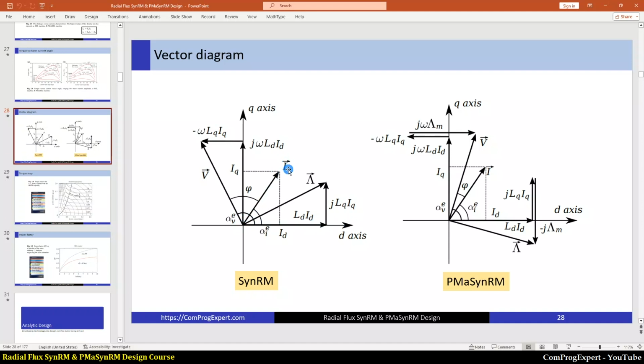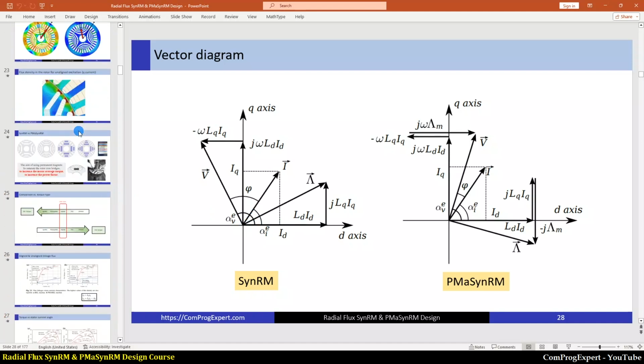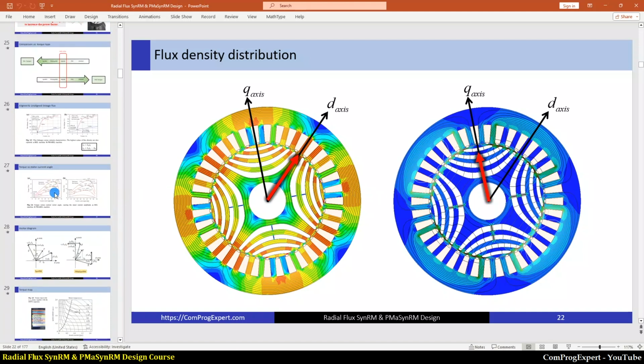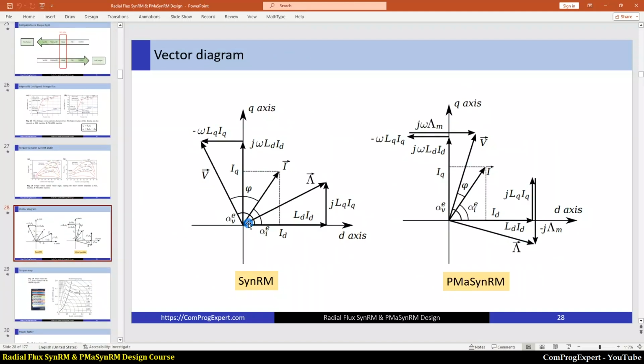So when the stator current phasor angle alpha IE, this is the angle of the stator current phasor. When this angle is 0, we have this case, and when the angle is equal to 90 electric degrees, we have this case.